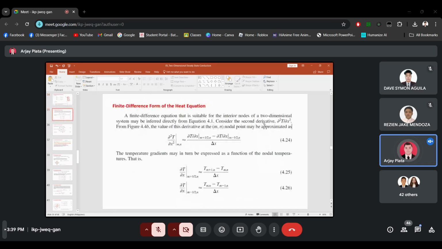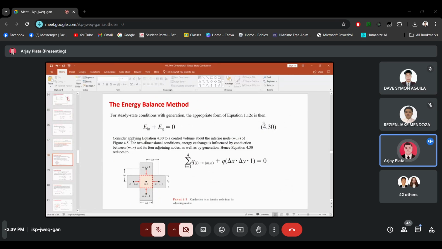Let's go to the energy balance. In this case, we have energy in plus energy generated equal to zero. This is our figure. As you can see, we do not have energy coming out. We only have energy coming in, and there's an energy generation.